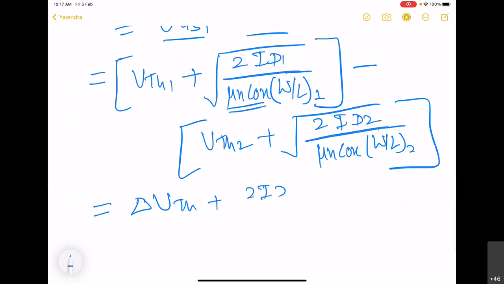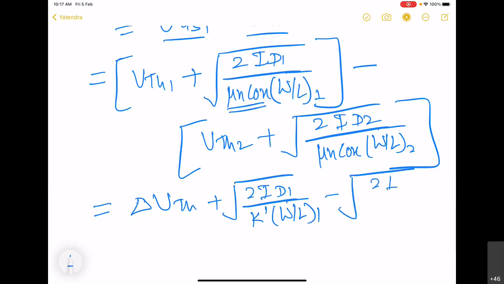So this becomes 2 ID1 by, let us say, K dash W by L1 minus 2 ID2 divided by K dash W by L for the second MOS here.